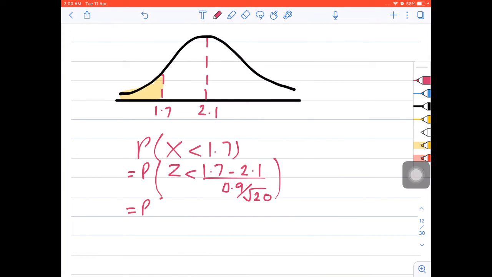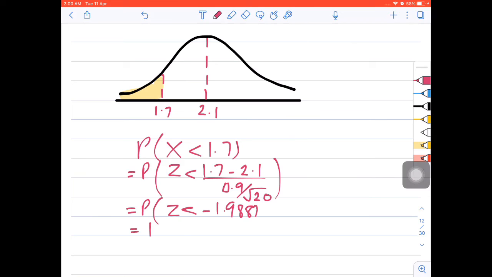So this is probability of z less than minus 1.988.